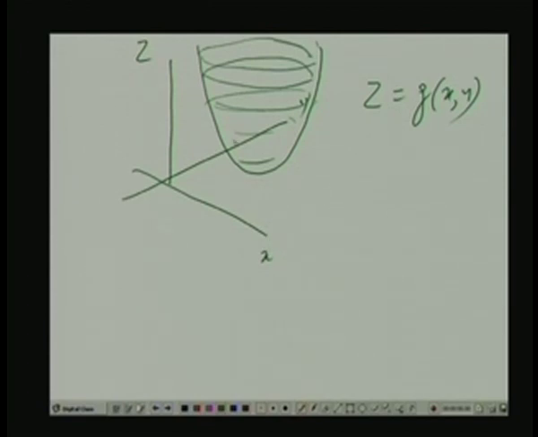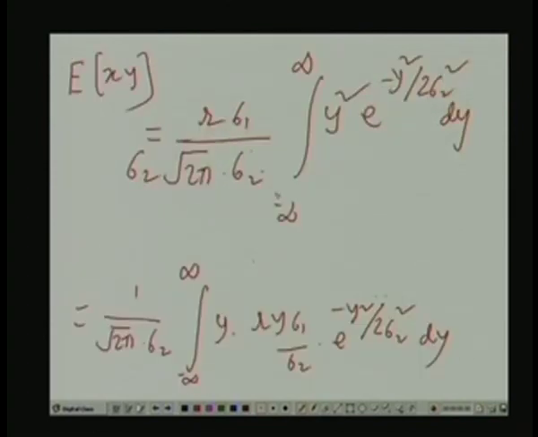which is nothing but a function where for any x y the corresponding value of z lies on the surface of this bowl shaped surface. That variance is nothing but sigma 2 square. In fact, I forgot to mention that sigma 1 square is the variance of random variable x, and sigma 2 square is the variance of random variable y.